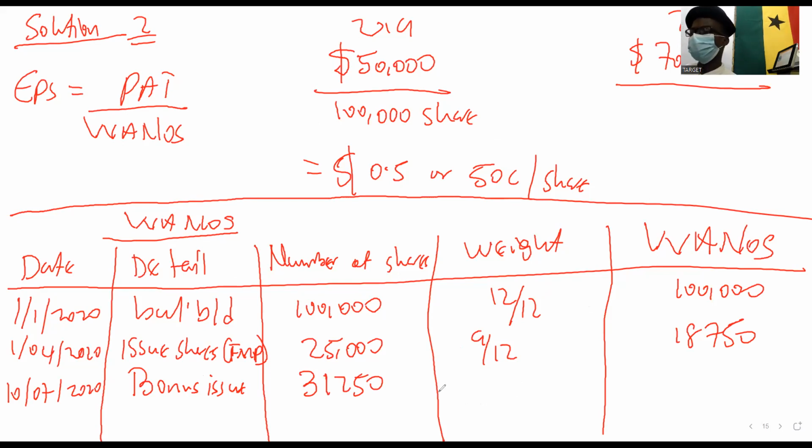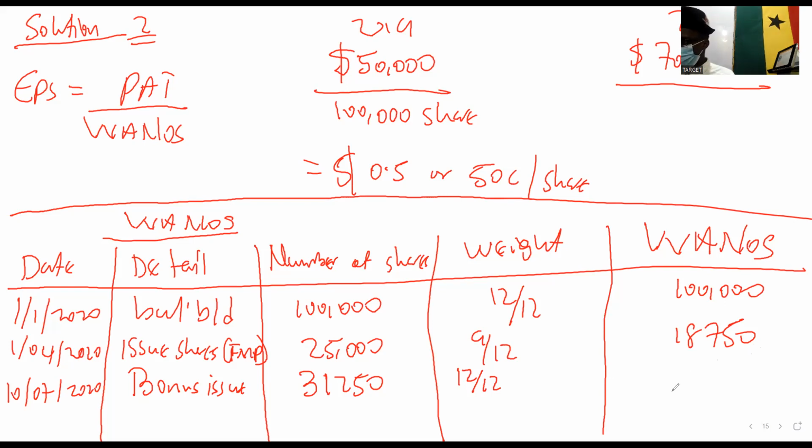31,250. Now, what will be the weight? We assume that the bonus was there right at the start, even though the calculation of the bonus will always be on the number of shares at the time you are issuing. The assumption is that we deem it to be there at the start. So what will be the weighted average?